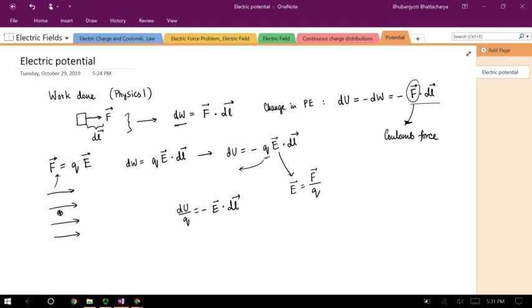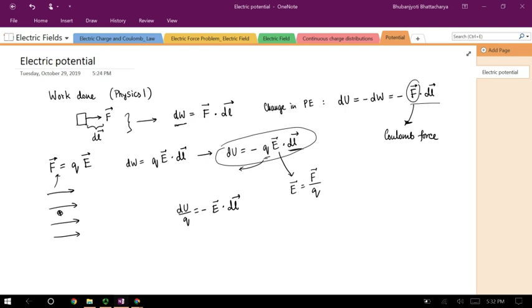Potential energy and potential are slightly different. Potential energy is the net amount of work done to move some charge Q, feeling a force Q times E in an electric field E, through a displacement dl. Potential, on the other hand, is the change in potential energy for a unit positive charge.